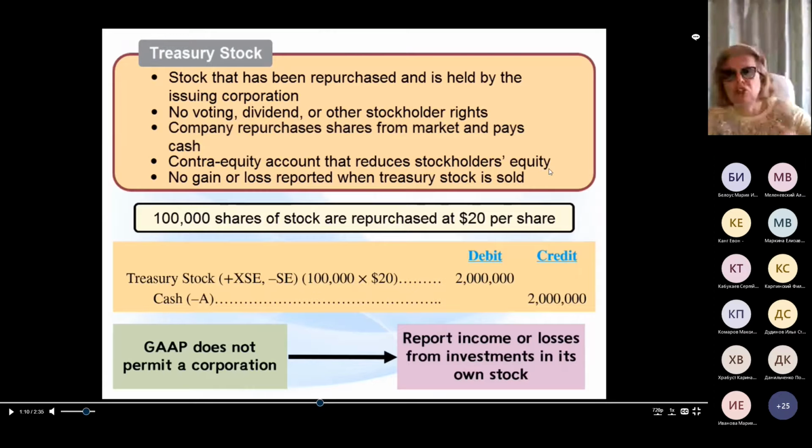So we should put treasury stock in the owner's equity section with a minus to subtract the overall amount. And of course, no gain or loss is reported, because treasury stock is not a question of making profit in business outside the company. So this is the main characteristic of treasury stock.